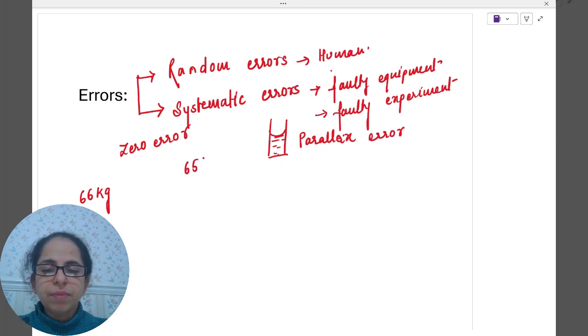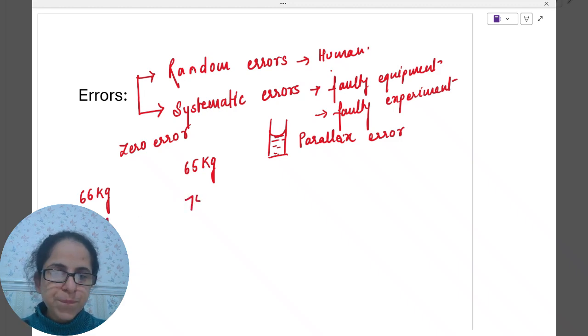You'll take away one. Somebody else stands on it and sees 76 kg, you take 1 kg away. Do you get what I'm trying to say? Systematic error is always the same amount every time.